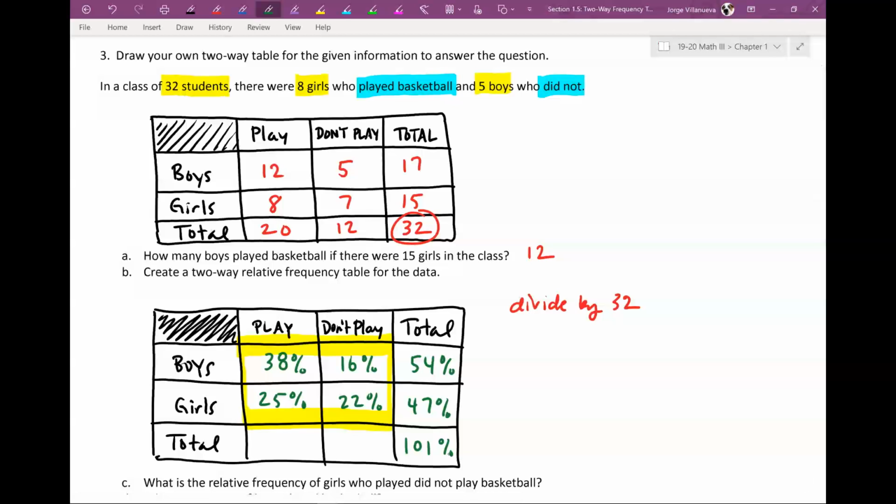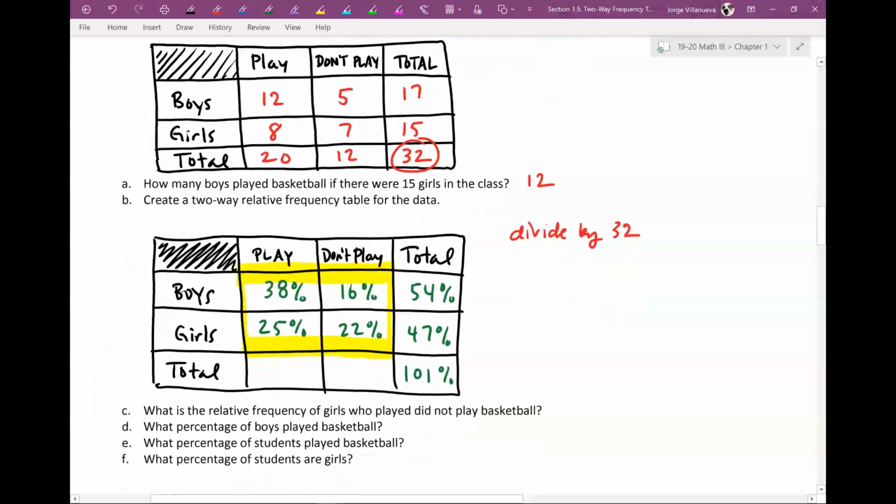Which isn't supposed to happen, but when we're approximating, sometimes it can. Okay, sometimes we do over approximate, and that's okay. Let's add vertically. 38% plus 25%, that's 63%. And then 16% plus 22%, that's 38%. All right, let's answer the rest of the questions.